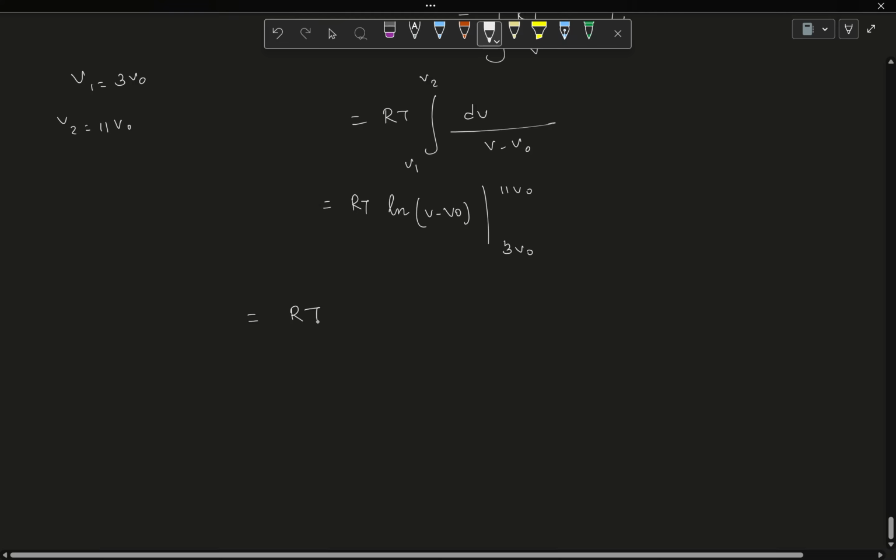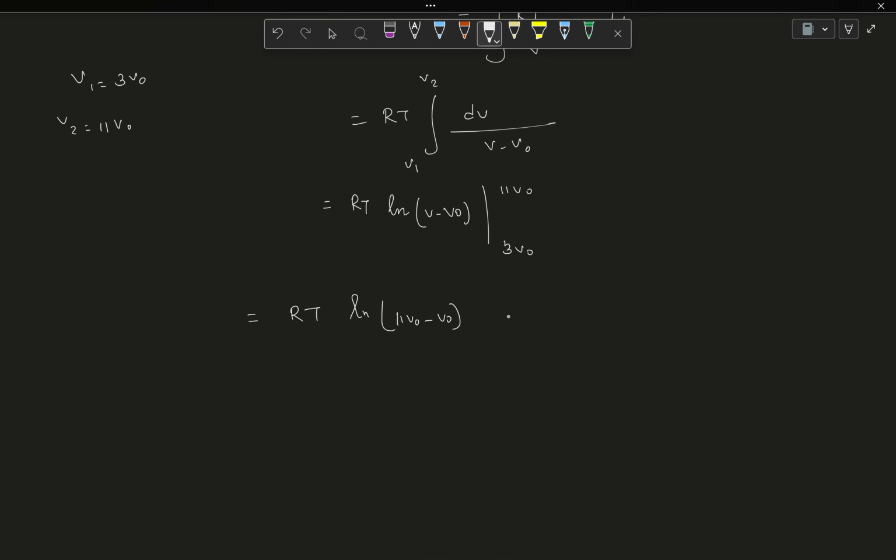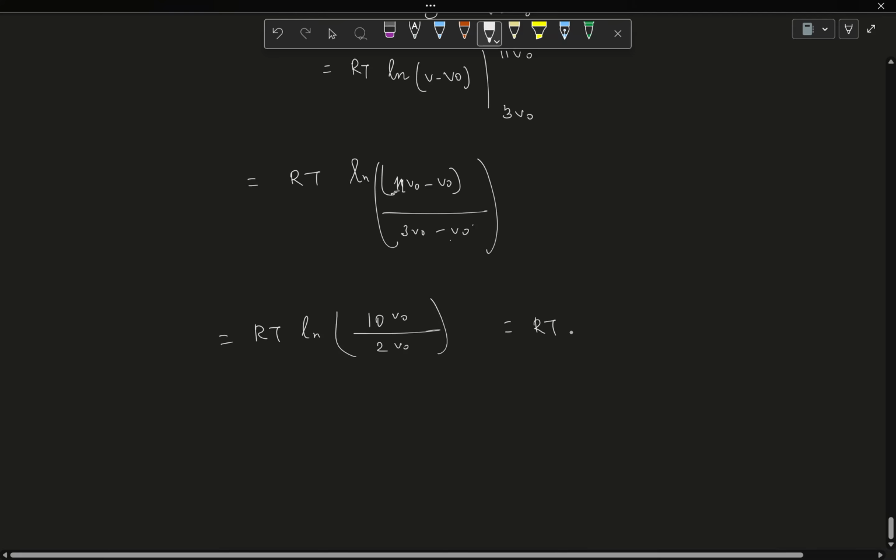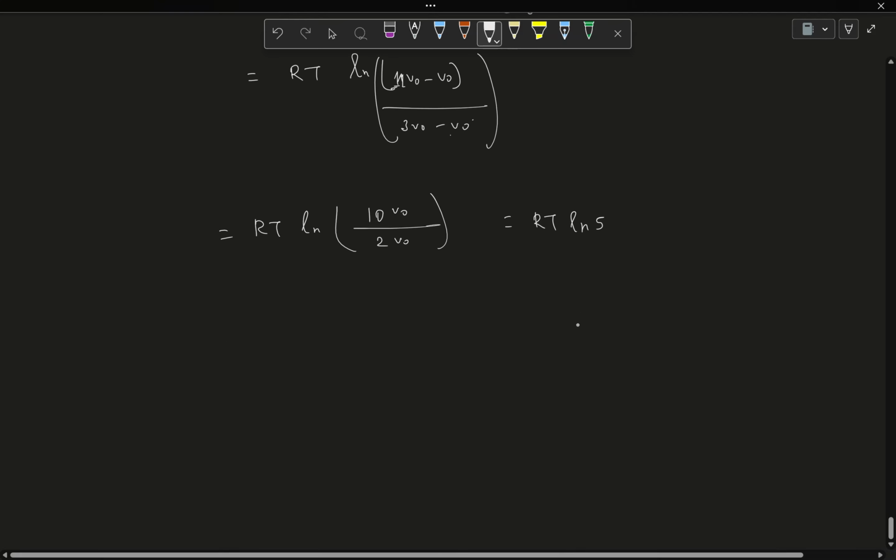So this is RT ln of 11 V0 minus V0, over 3 V0 minus V0. Because it is ln, you can directly divide these two. ln x minus ln y is basically ln x by y. So this is RT ln of 10 V0 by 2 V0, which is RT ln 5, right?